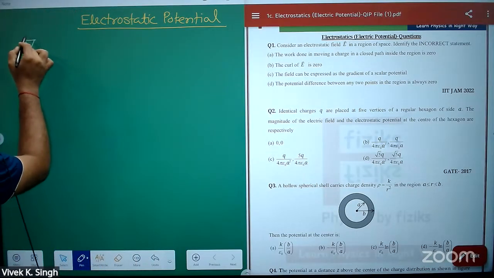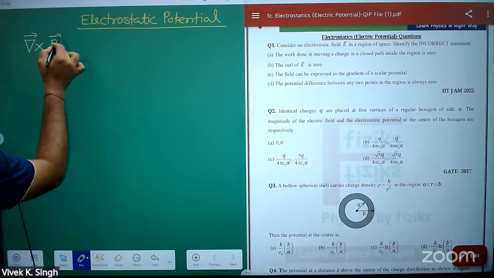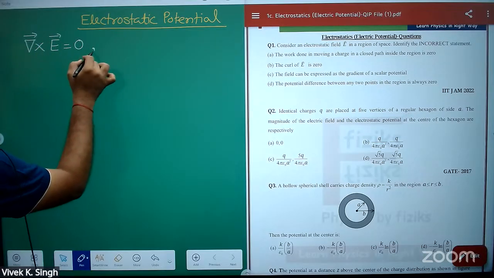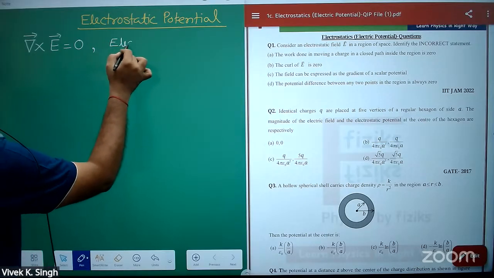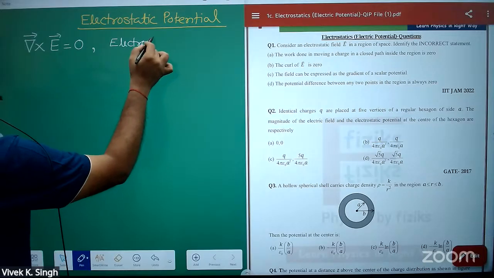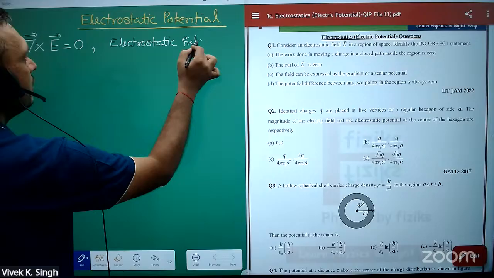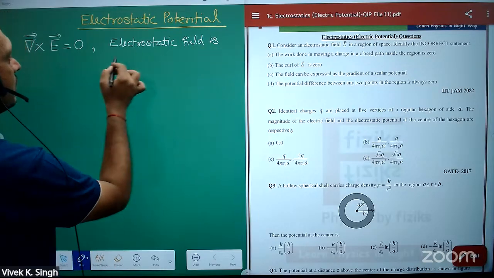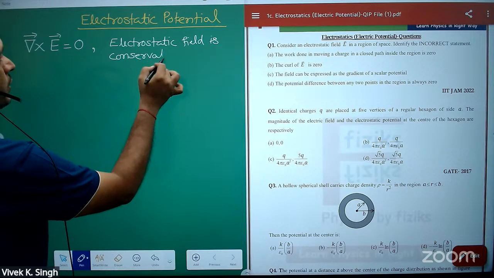So the first thing is curl of E is 0. The field is conservative in nature.